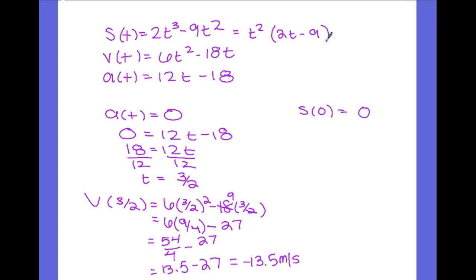Why I do that is because I really don't want to cube 3 halves. If I bring it out in front, I can do some easier math here and just square 3 halves once. So S of 3 halves equals 3 halves squared times 2 times 3 halves minus 9.